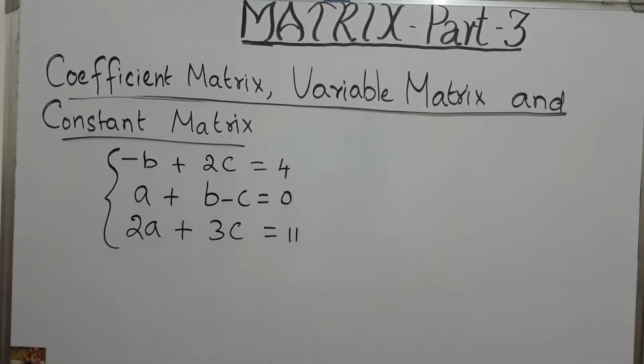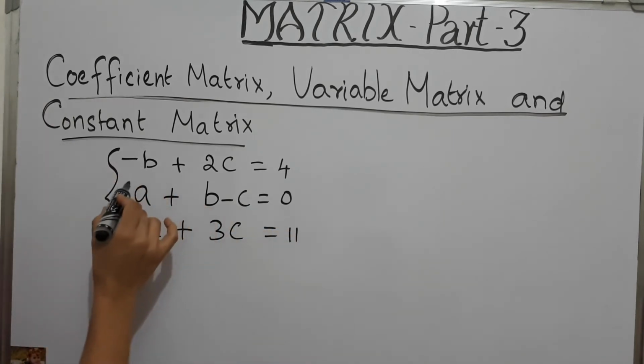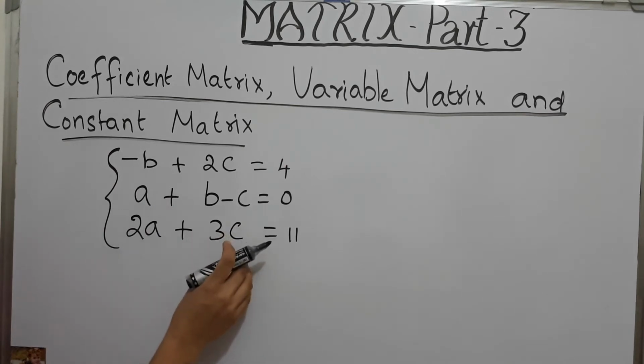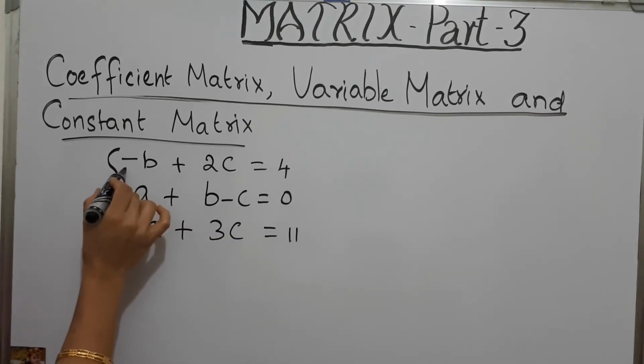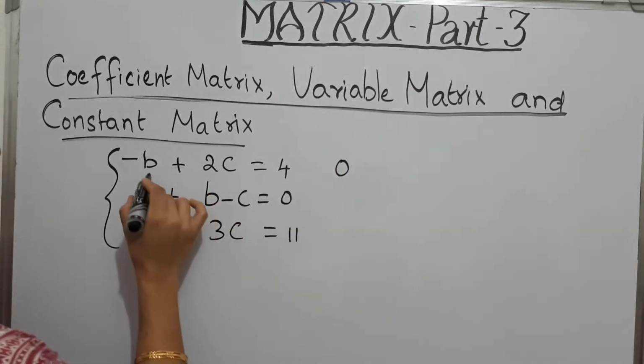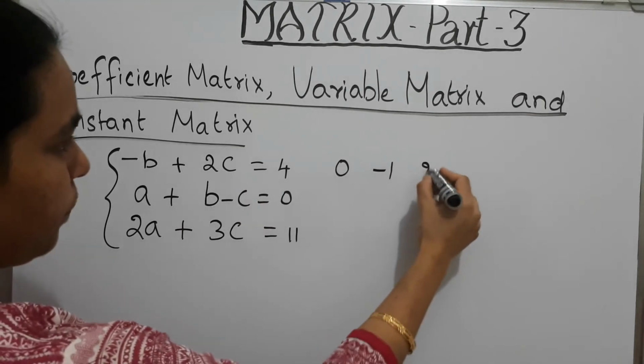Now we can see what the coefficient matrix, variable matrix, and constant matrix are. Okay, so this is a system of equations, and you can write the coefficients of each term. The variables given here are a, b, and c. The coefficient of a in the first equation is 0, then b is minus 1, and c is 2.